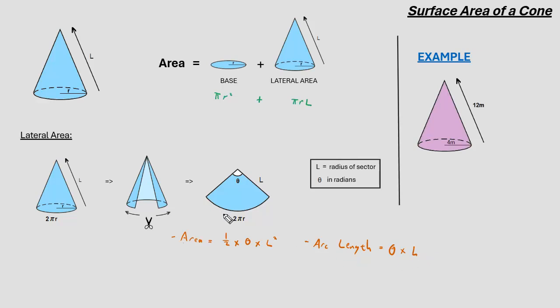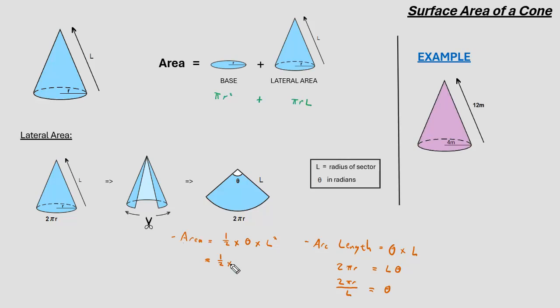So here we have our arc length, 2 pi r equals the radius multiplied by the inner angle theta, and dividing both sides by the radius L will give us 2 pi r over L equals theta, as the L's would cancel on this side. So we can now put this into this sum for our area.